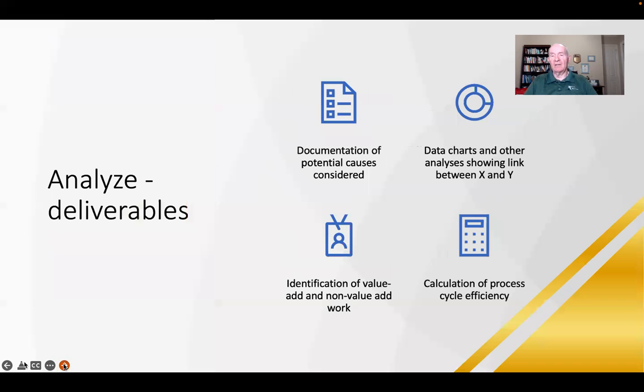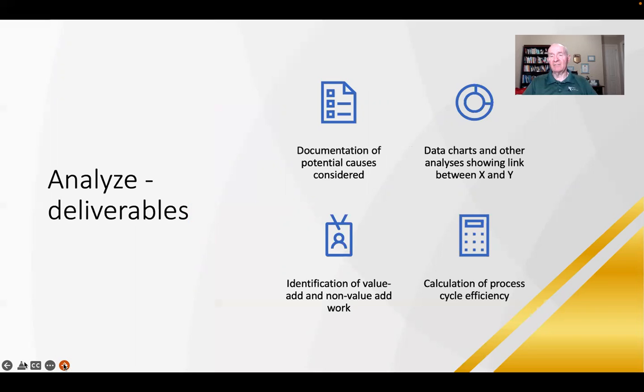So in terms of what we are delivering, what are we getting from the idea of analysis that we have? Well, we're documenting the causes. We're looking at the data. We may be charting the data in control charts, run charts, pie charts, column charts, different kinds of things like that.